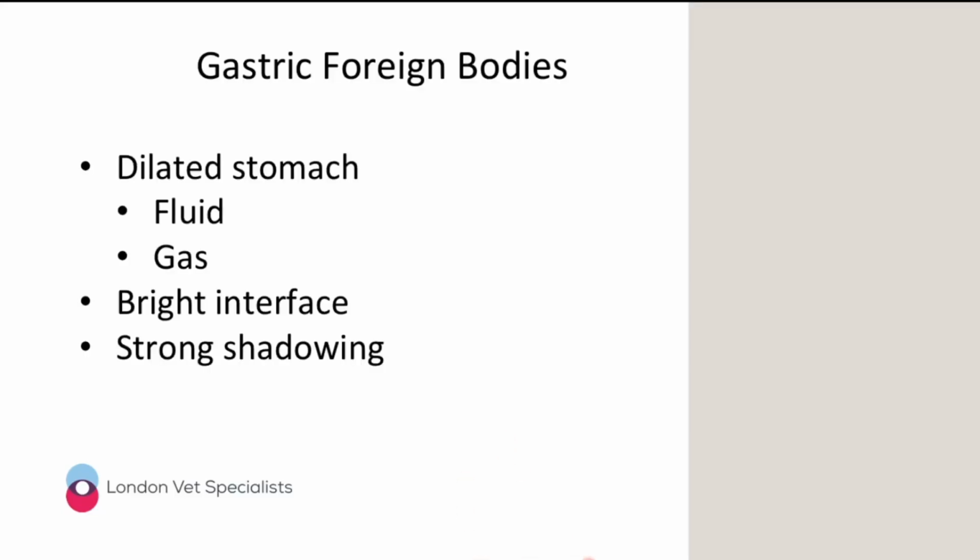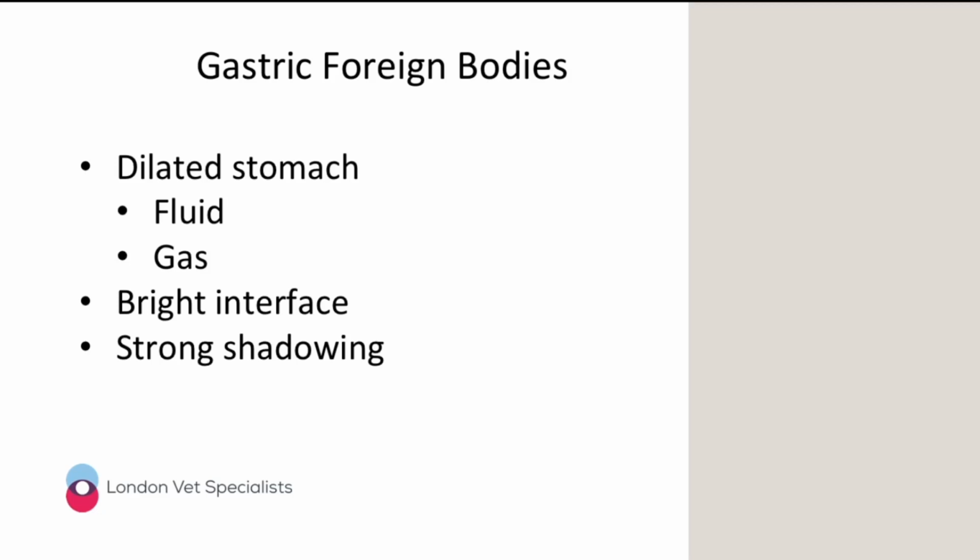The other thing that you might find in the stomach of a patient presenting with an acute abdomen is a gastric foreign body. Now, these patients usually have a big dilated stomach because they're essentially obstructed. Their stomach usually isn't able to empty and push the contents out of the pylorus into the duodenum.